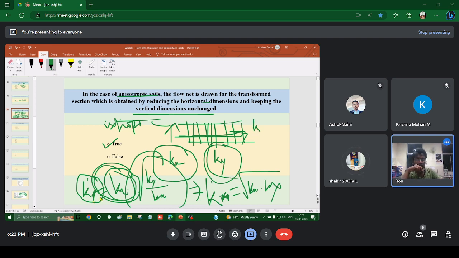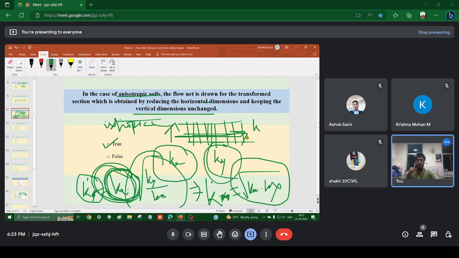Yes, sir. So this equivalent k will be equal to, since I am trying to find the discharge along this direction, I will be reducing this kx and transforming it into equivalent k for isotropic soils, which is equal to kx into root over ky by kx. This is an approximate value of the equivalent k had the soil been isotropic.